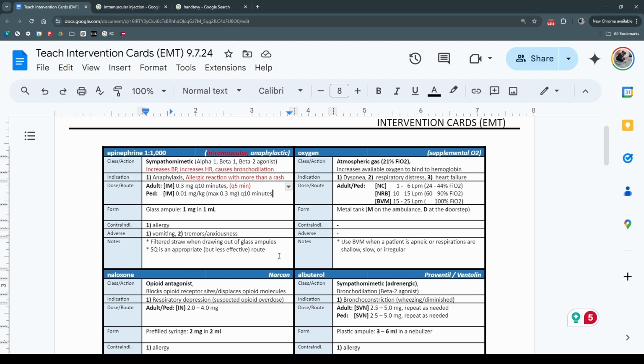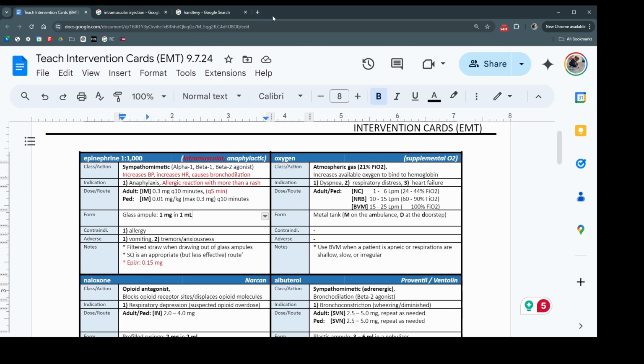And EpiPen Juniors, in fact, are always going to be 0.15 milligrams. So I'm okay with you giving that, but you should know that it is weight-based to a max of an adult dose.